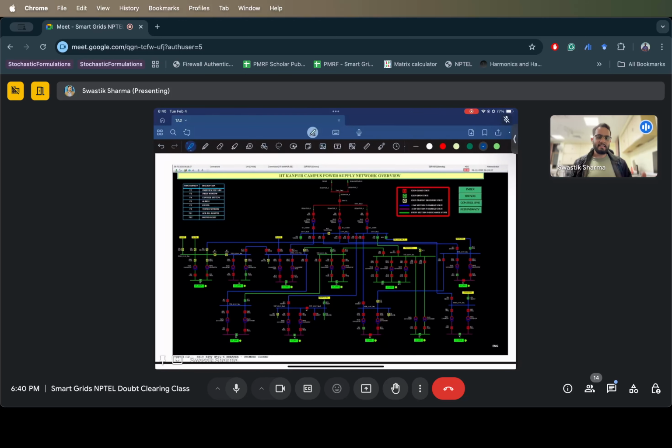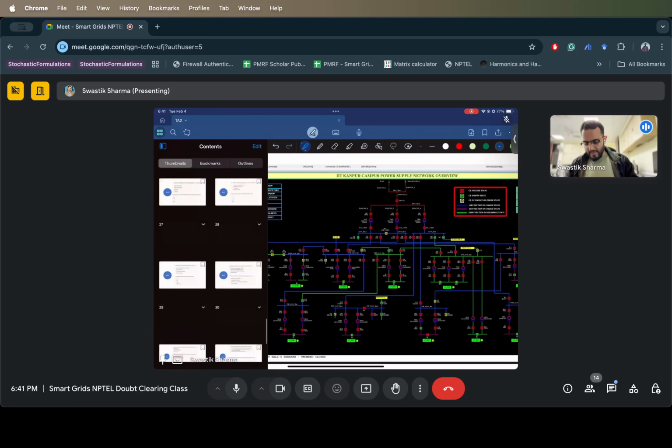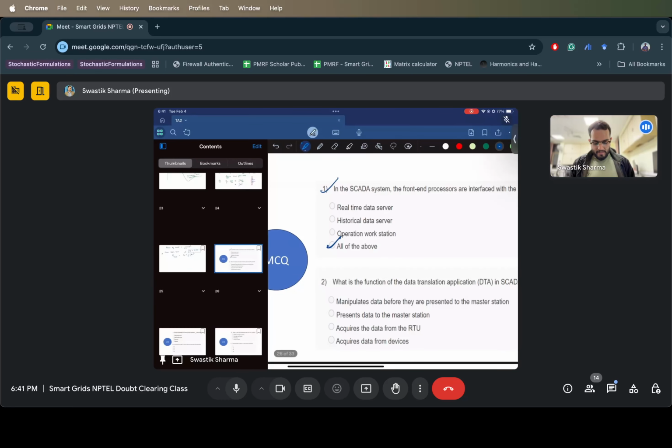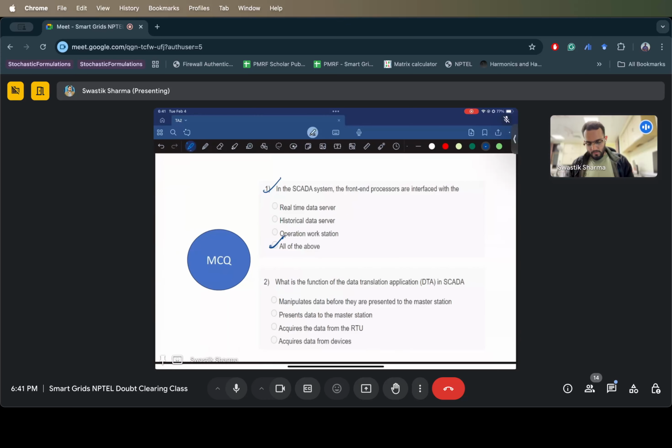Who is creating this snapshot? I did not create it, right? Some kind of translational tool inside my SCADA system created the snapshot for me so that it is easier for me to understand what is happening with the system. So the data translation application manipulates the data before they are presented to the master station. That is its usage.